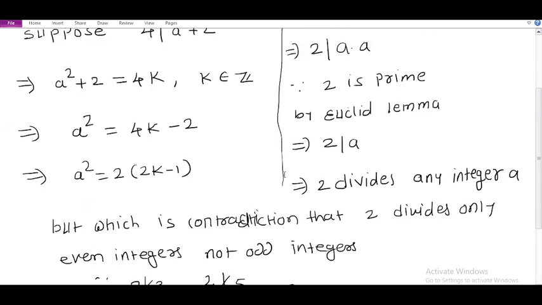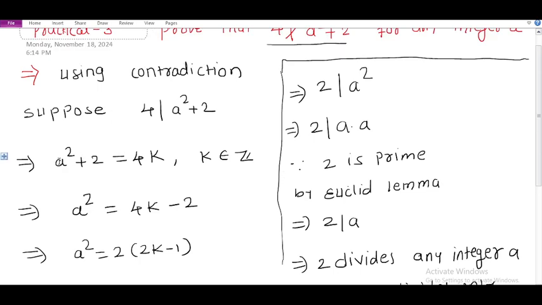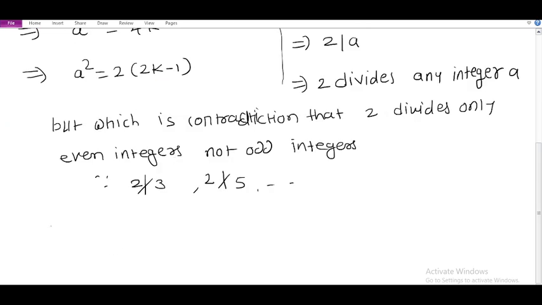So we get this contradiction because we assumed 4 divides a square plus 2, and therefore 4 does not divide a square plus 2.